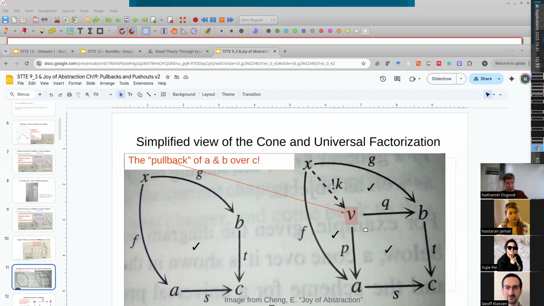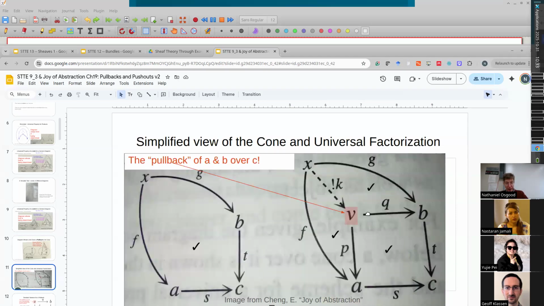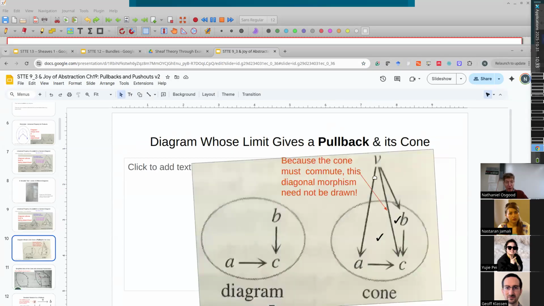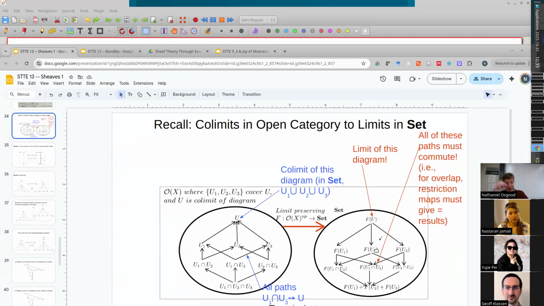Here it makes this commute. So we could think of it like this. The V is kind of above this, and it makes these commute. If I go to B and then to C, it's the same as if I go to A and then to C, and same as if I go to V directly to C. That's what a pullback is. And what I'm telling you is that a sheaf is that in this situation here, right?